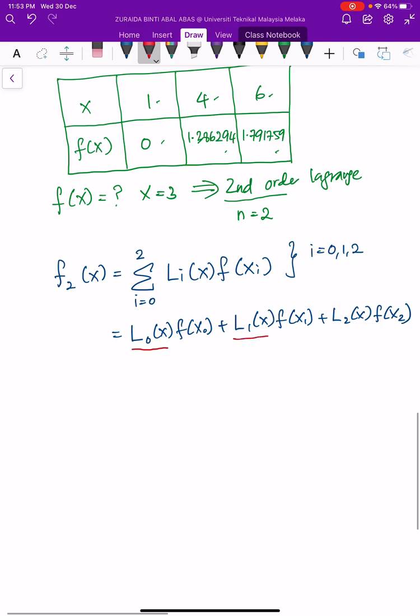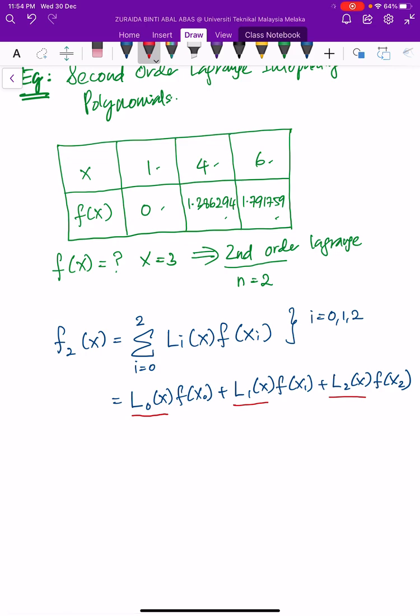Now we need to find the functions for the Lagrange L0, L1, and L2. Coming back, we want to find the value of the function when x equal to 3, which is somewhere in here. You also need to know that we need 3 points because our i takes the values 0, 1, 2. We are going to use all the points in here, and the points should include this value.